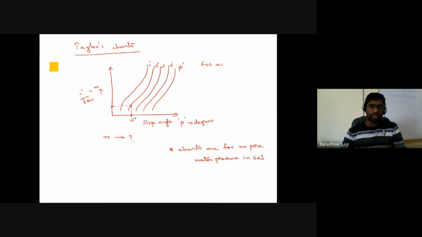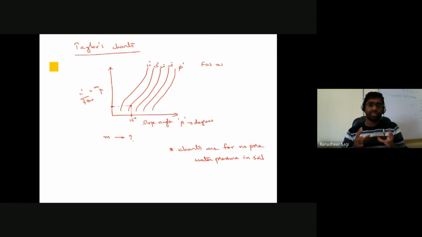Various other methods are there, which we will not be covering in this course. However, we'll try to have an idea of some of them, like the method of slices, which is otherwise also called the Fellenius method. Apart from that, we'll also talk about the ordinary Bishop's method or simplified Bishop's method. There is another method given by Bishop, called the rigorous Bishop's method.